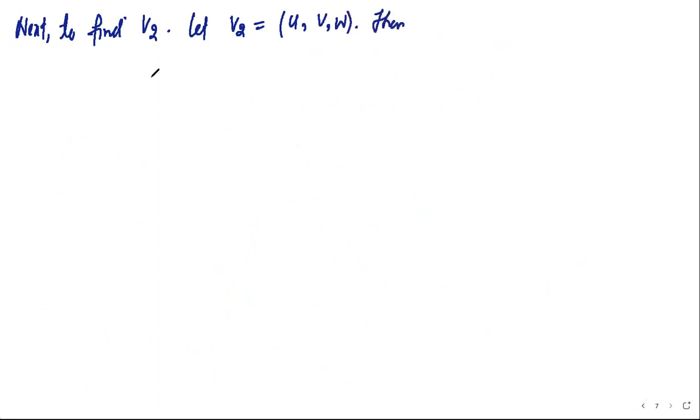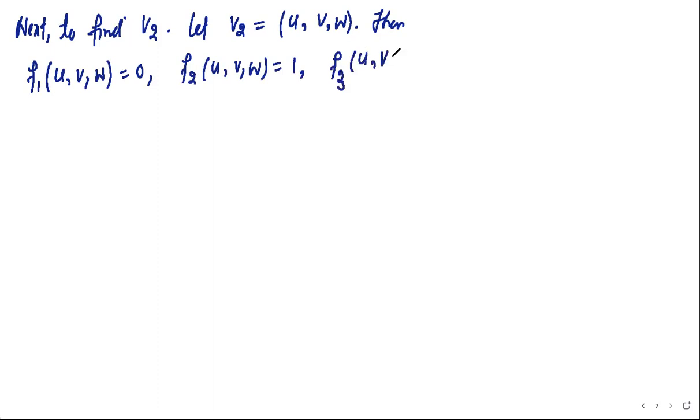Then we have f1 of (u, v, w) is 0, f2 of (u, v, w) is equal to 1, and f3 of (u, v, w) again equal to 0, because this is how we define these linear functionals: fi of vj is equal to delta ij, the Kronecker delta function.